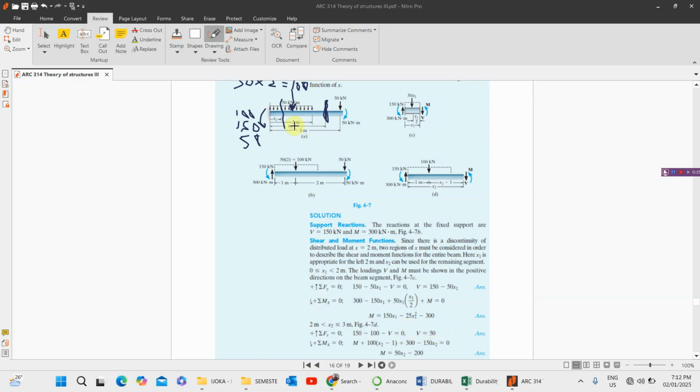Now for the moment, which is force times perpendicular distance, we are considering from here to here. So all these other ones will be like a constant. So for the moment, we have M, whatever moment we are considering, plus this one, 100 times, what is the perpendicular distance?